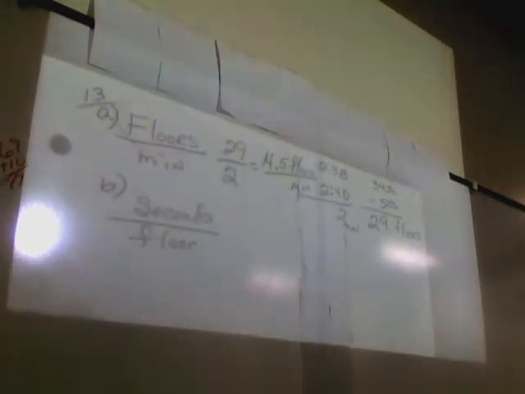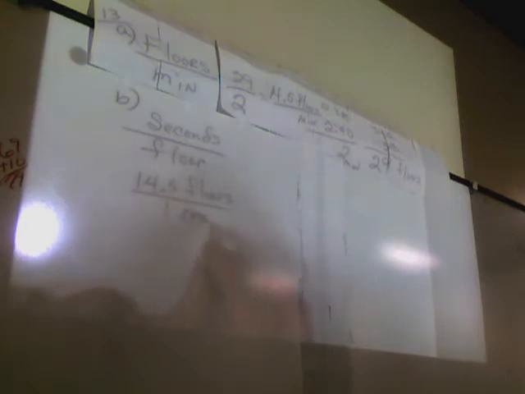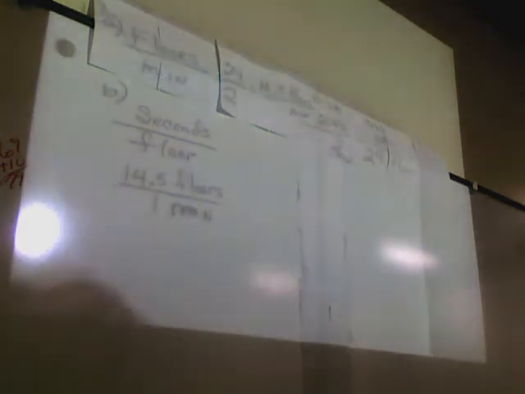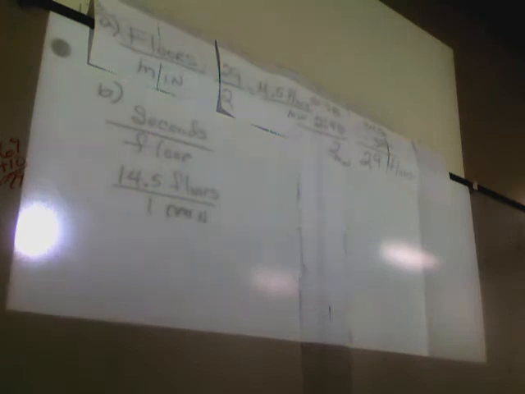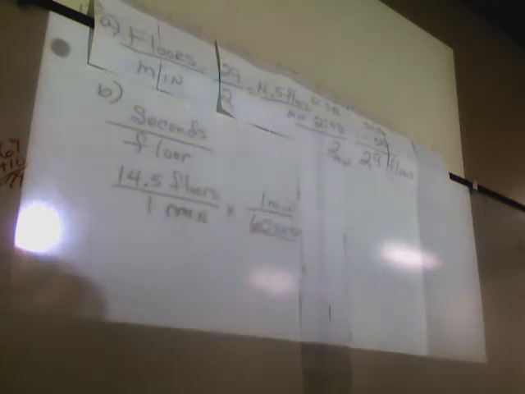Okay, we had 14.5 floors in 1 minute. Okay, how many seconds is in a minute? 60 seconds. Okay, let's see how many floors it went in how many seconds. We'll convert that where it has seconds. 1 minute is 60 seconds, right?